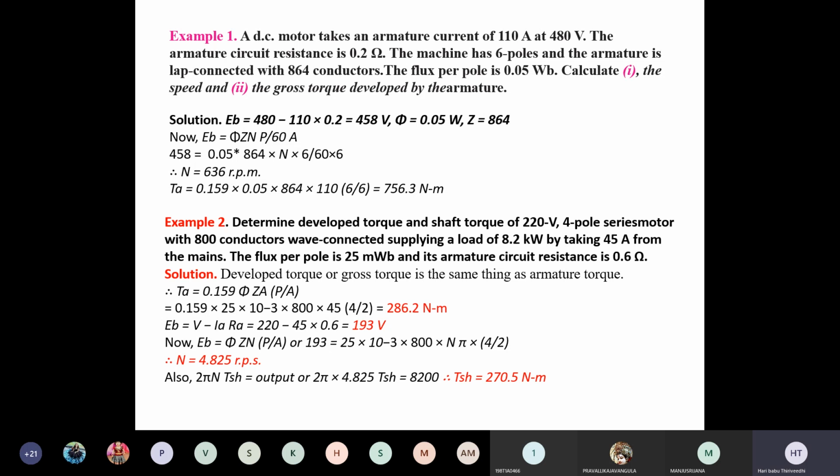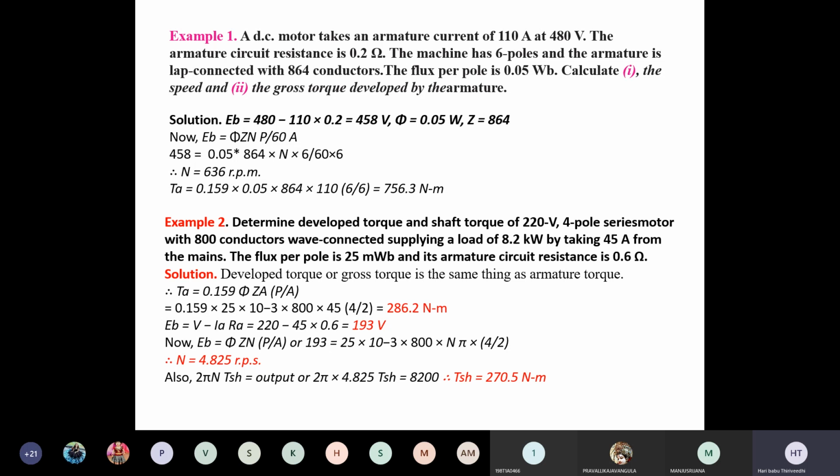So first you have to observe the problem, analyze the problem once again. A DC motor takes an armature current of 110 amperes, that is Ia, Ia equal to 110 amperes, at 480 volts, that is the terminal voltage, V equal to 480 volts.